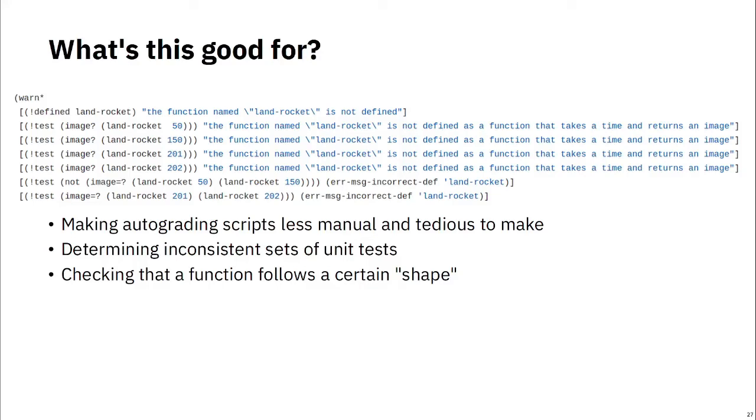For example, we have this test for land rockets in our checker script. Here, we have a function that, given a time, produces an image of a rocket landing. The problem is that because students can use various different sprites for the rocket, etc., we can't actually reasonably test this very well. Instead, we merely check that it produces an image for certain inputs, that it changes from time 50 to 150, and that it doesn't change from time 201 to 202.